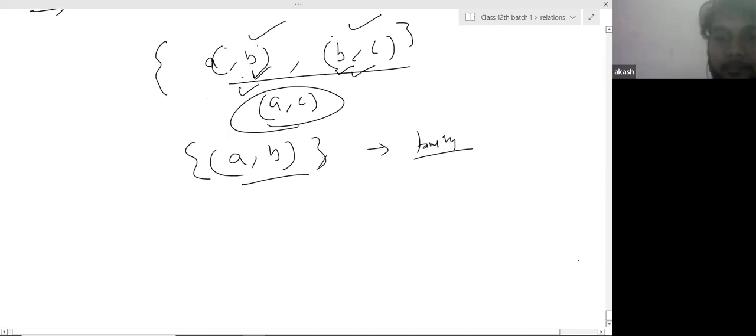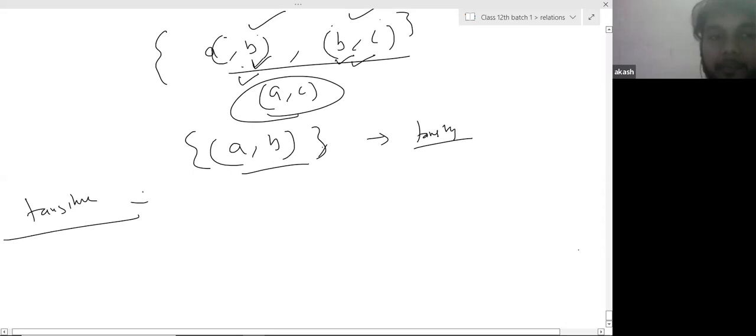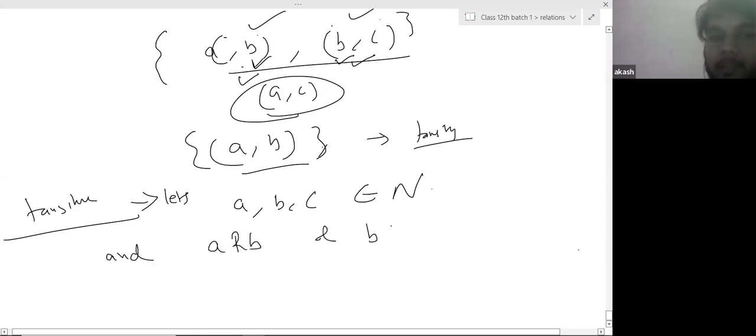All right, so now look at this. How to write? Let's say A, B, C belong to natural numbers, and A is related to B and B is related to C. Everyone is clear why I wrote this? Because for transitive, we must have these two.